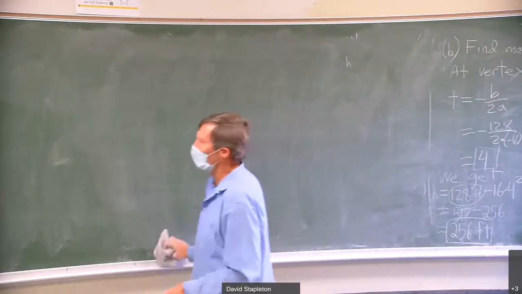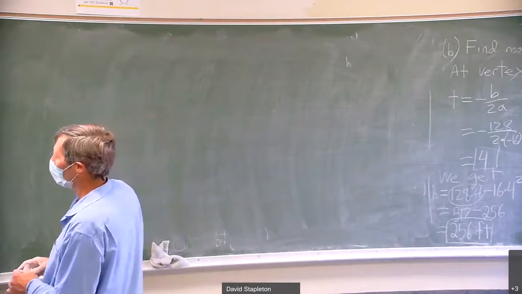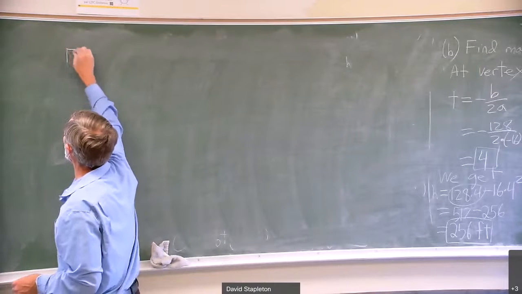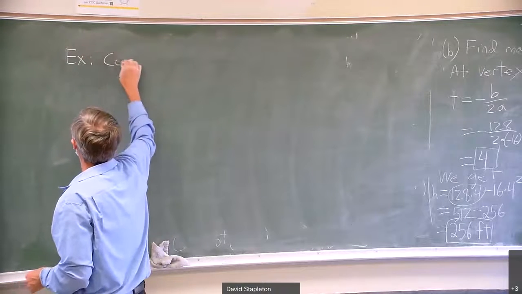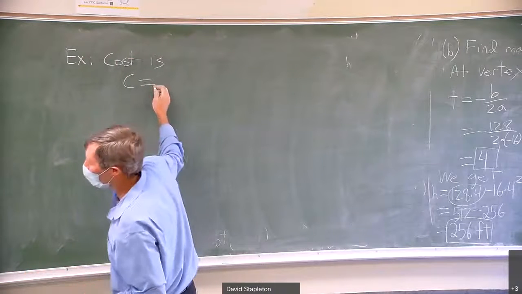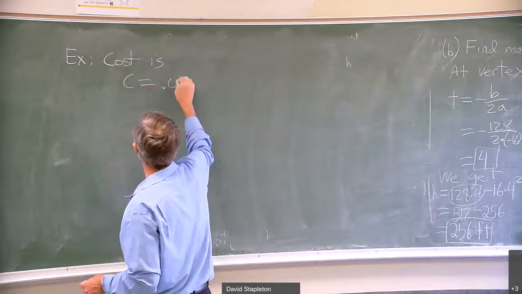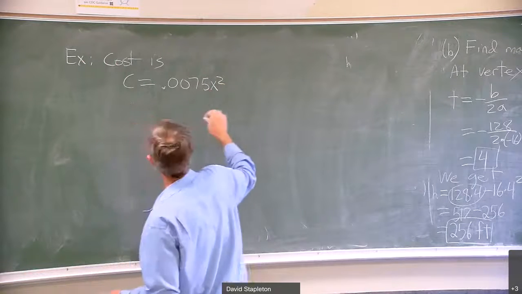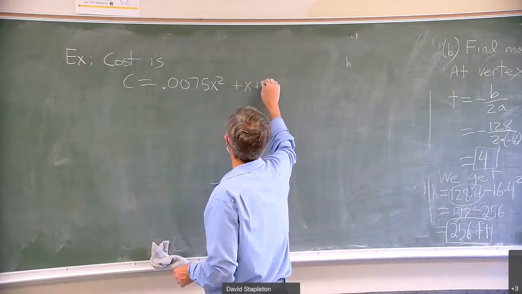All right. So here's the example. For a company, cost is C, a function of X, equals 0.0075 X squared plus X plus 2,100.